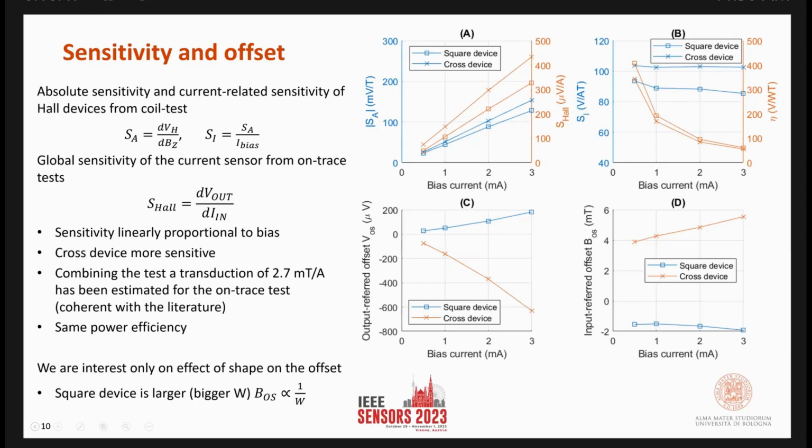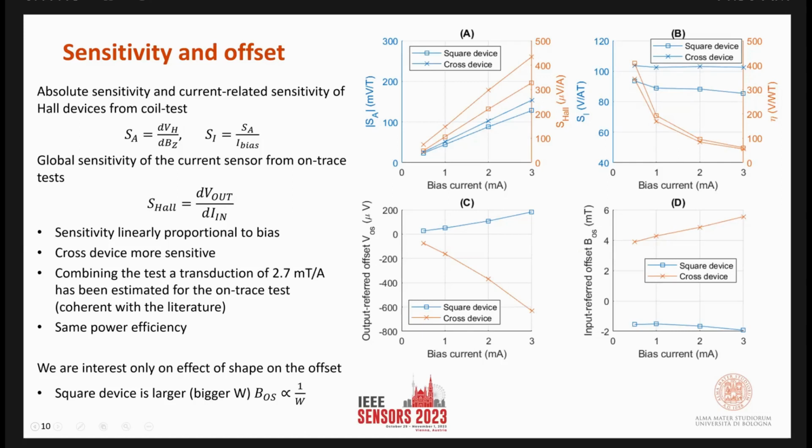If we compare the two topologies, we can see that for all kinds of sensitivities, so absolute sensitivity, blue lines here, or current sensitivity, again blue lines in this plot, the cross device is more sensitive than the square device. And this is what we expected, because it also follows the theory for silicon-based sensors.